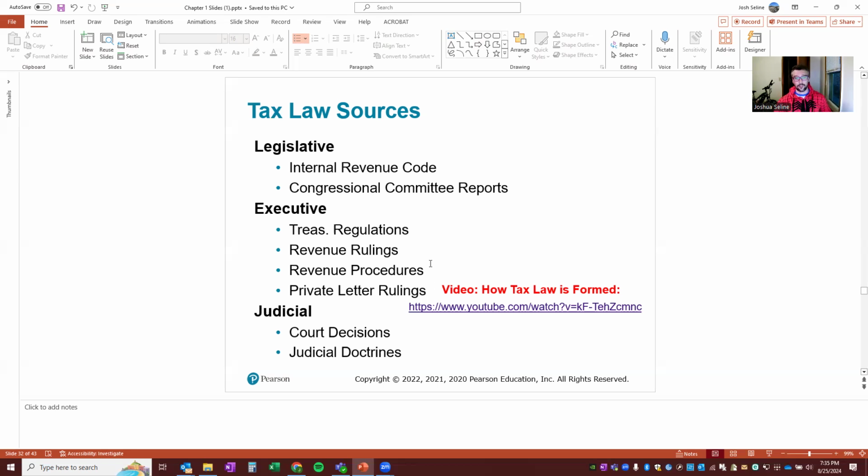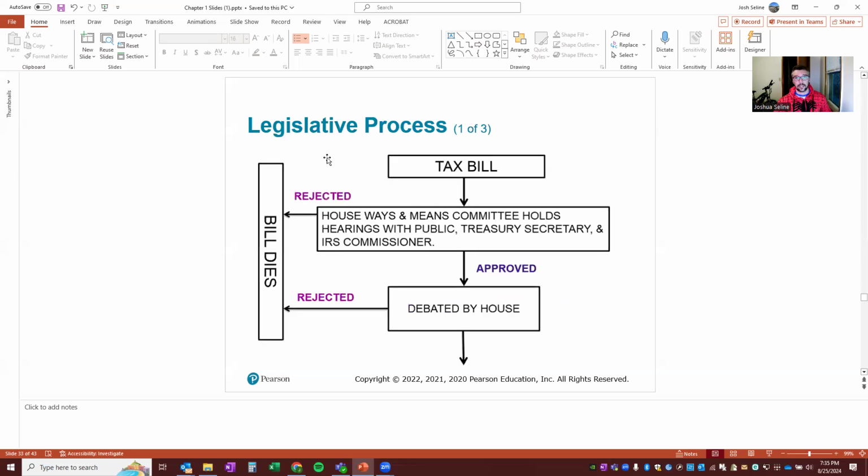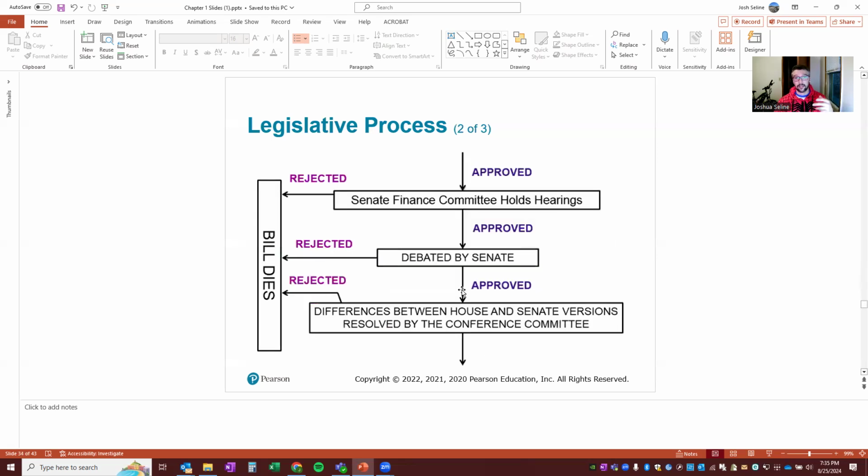Judicial: court decisions and judicial doctrines. Legislative process. So you've got a tax bill. The House Ways and Means Committee holds hearings with the public, Treasury Secretary, and IRS Commissioner. If it gets rejected, that bill dies. If it gets approved, then it goes to the House, and then the Senate Finance Committee holds hearings.